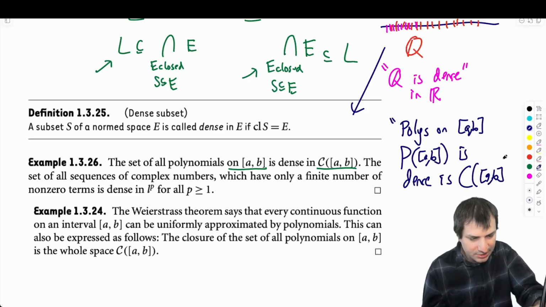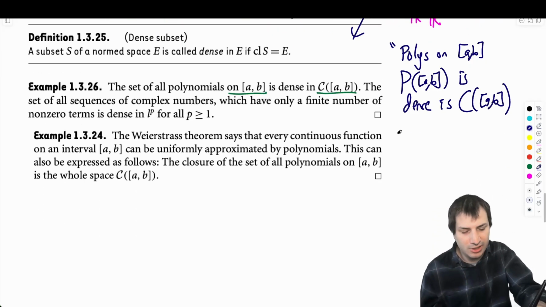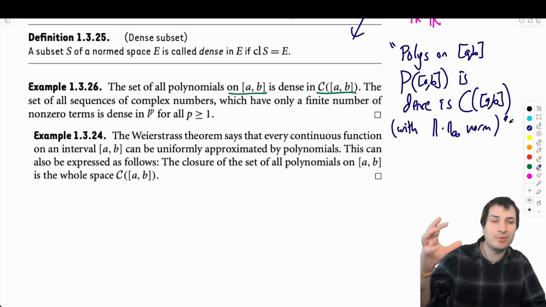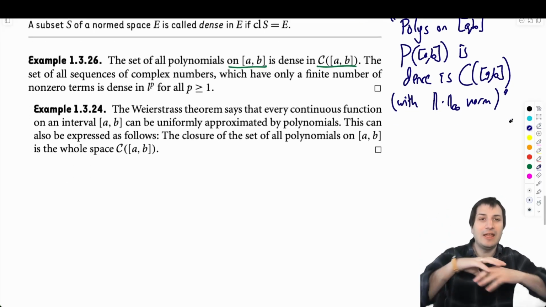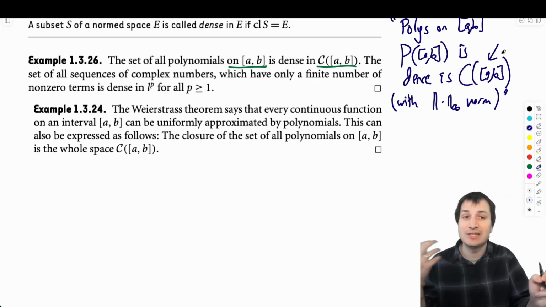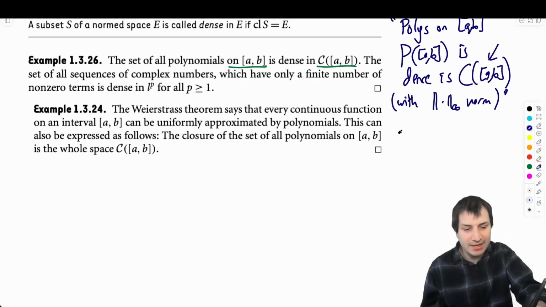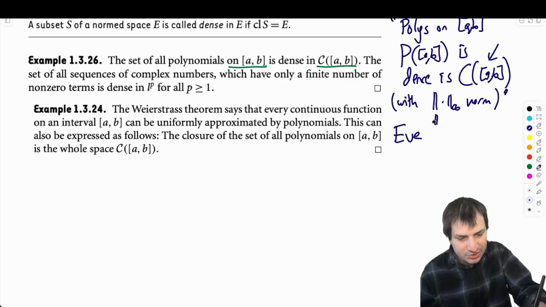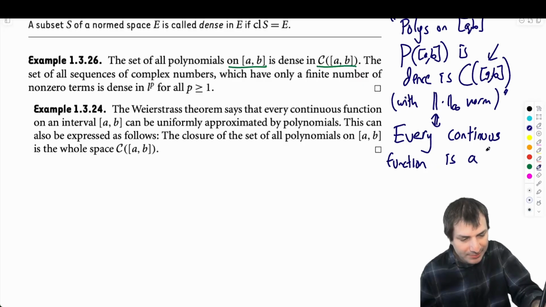Okay, and we're thinking of these spaces with the infinity norm, the max norm that we talked about before. And this statement, the polynomials are dense in C, means if you take all the possible limits of polynomials, then you get all the possible continuous functions. Another way to say that is that this is true because every continuous function is a limit.